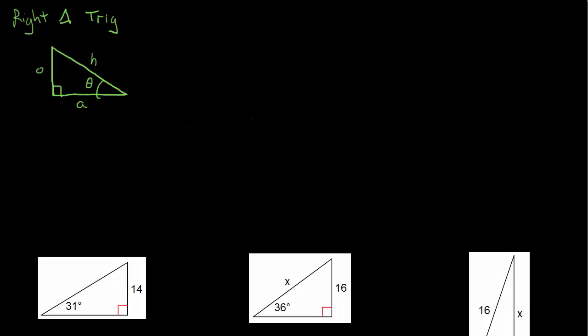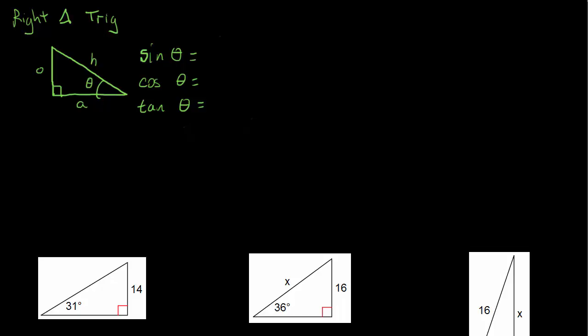And then the ratios of these create three trig functions that we'll be dealing with. The first is the sine of theta, and then we have cosine of theta, and tangent of theta. And they're all combinations of these three sides. So sine of theta would be the opposite over the hypotenuse.